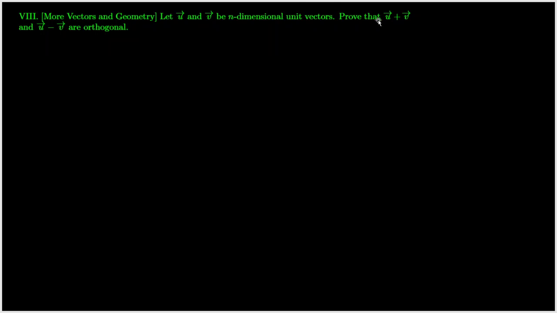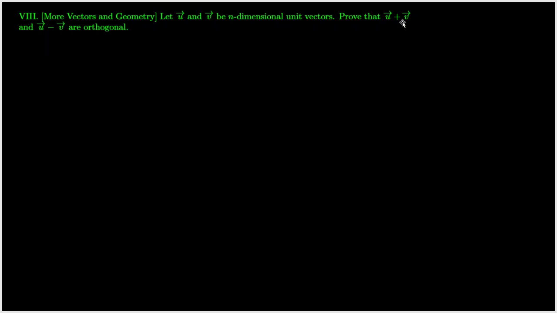What I want you to prove is these two vectors are perpendicular. Okay, orthogonal. Okay, I will show you the proof. I think you have thought about this for a little while.